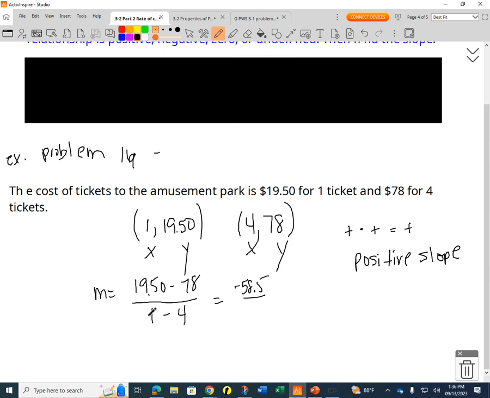Divided by 1 minus 4 on my calculator is negative 3. Now I'm going to divide negative 58.5 by negative 3. And I'm going to get a slope of 1950. Doesn't get a dollar sign or anything. The slope is a numerical value there.